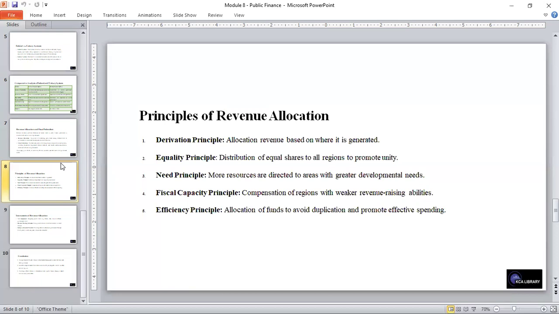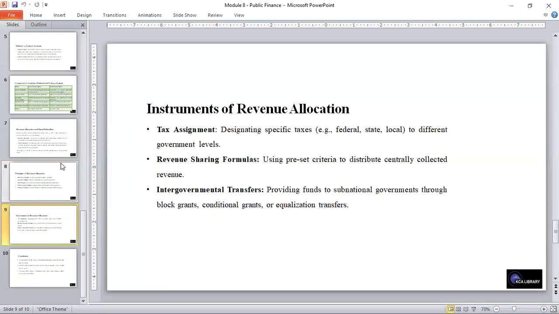We also have the fiscal capacity principle, which talks about compensation of regions with weaker revenue-raising ability. And the last is the efficiency principle, which talks about allocation of funds to avoid duplication and promote effective spending.